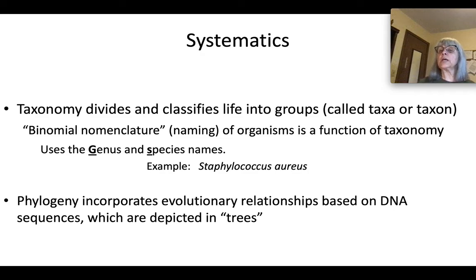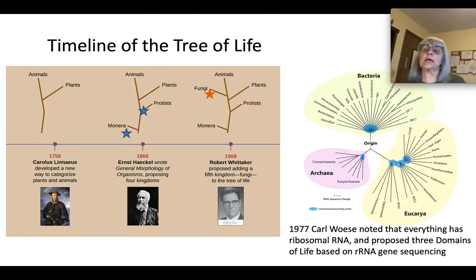What came before something else in the scheme of evolution? So we've got the timeline here of the tree of life, of the kingdoms, and where the kingdoms appeared in the evolution of organisms.